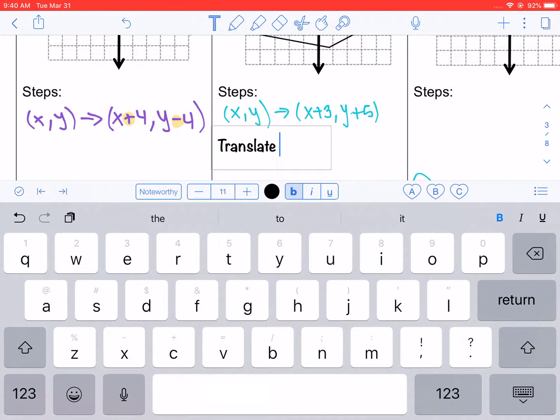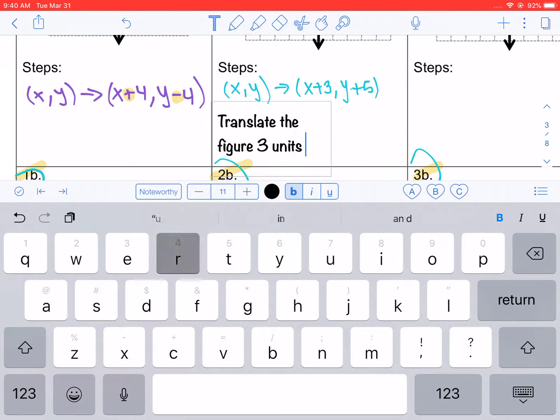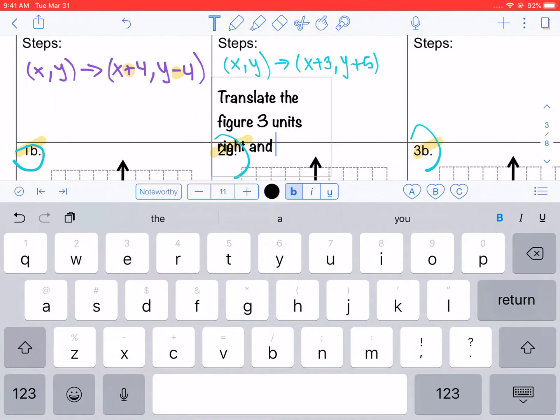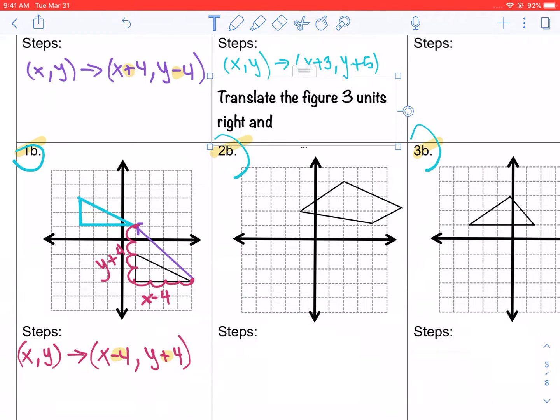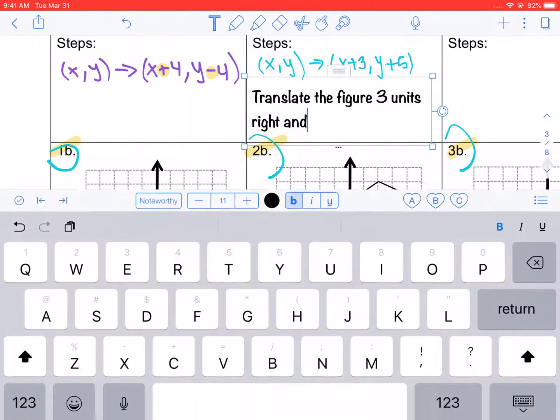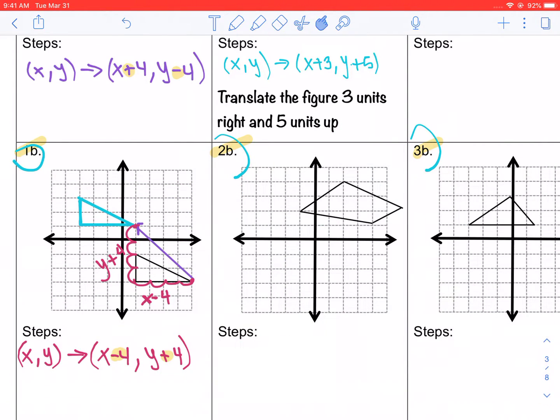Translate the figure 3 units right and 5 units up. That's it.